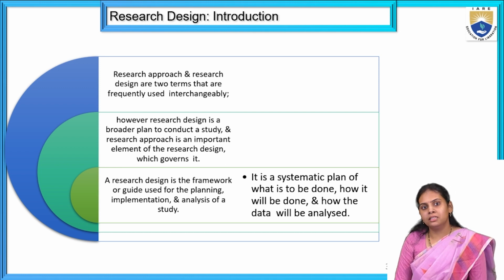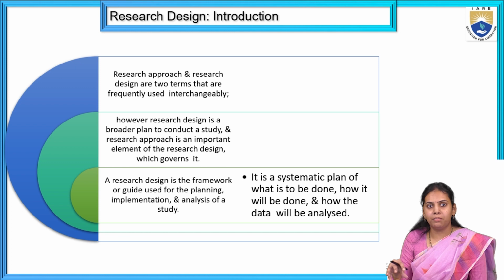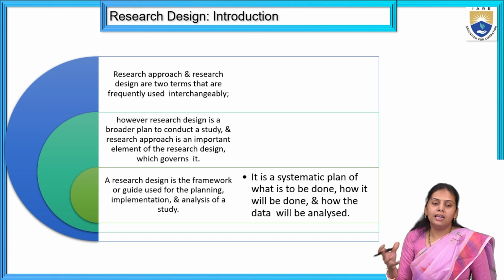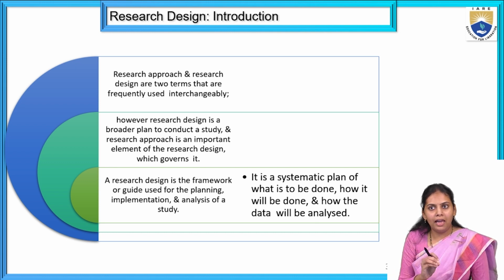As previously discussed, in the research process a researcher chooses a particular process for a study, whereas a research design gives a framework or guide used for the planning, execution, implementation, and analysis of a study. It is a systematic plan of what is to be done and how data will be analyzed.